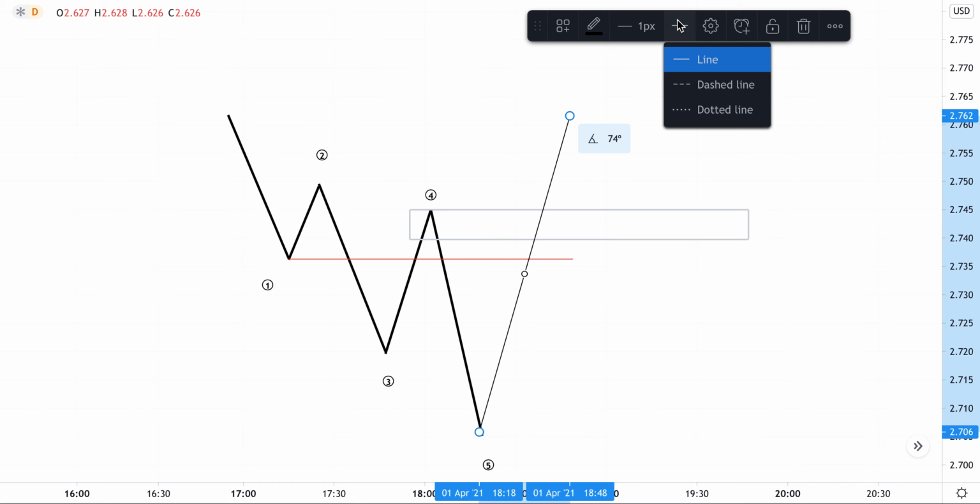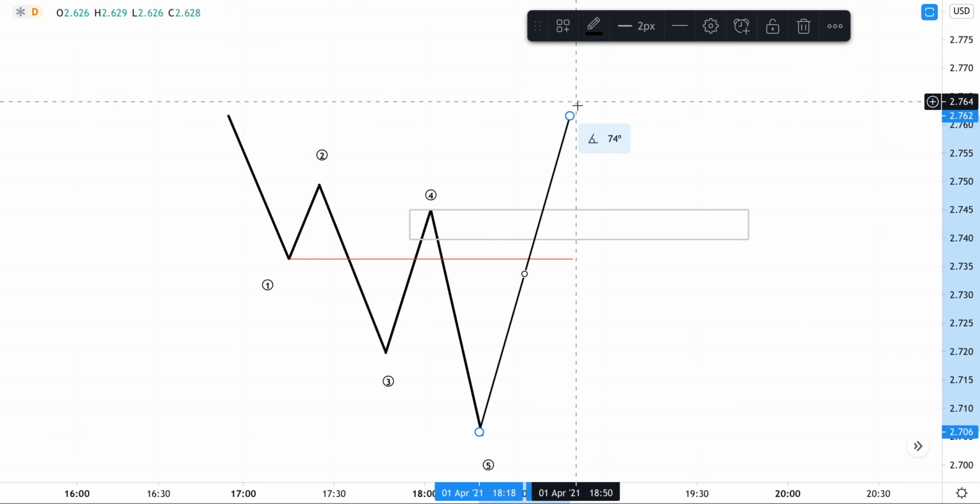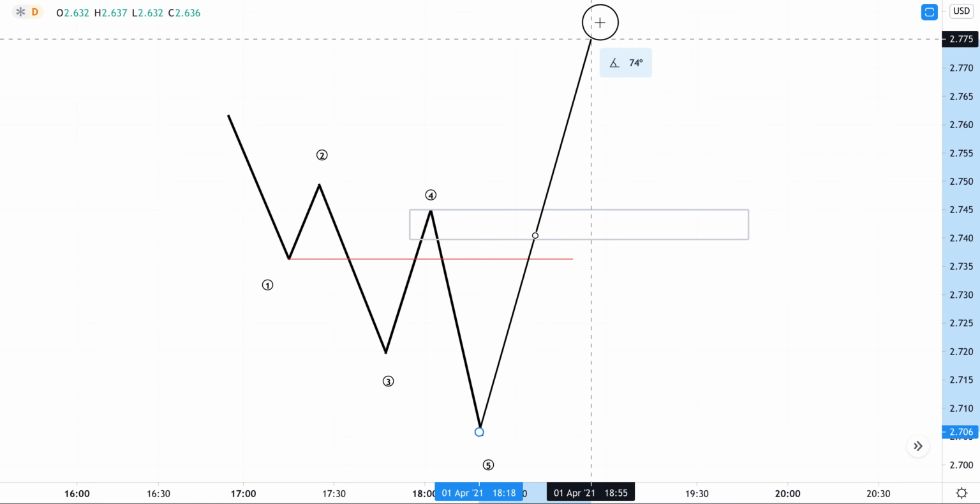In case it goes further, when it comes back, this is a really strong area for a good bounce. So you can happily take the trade.